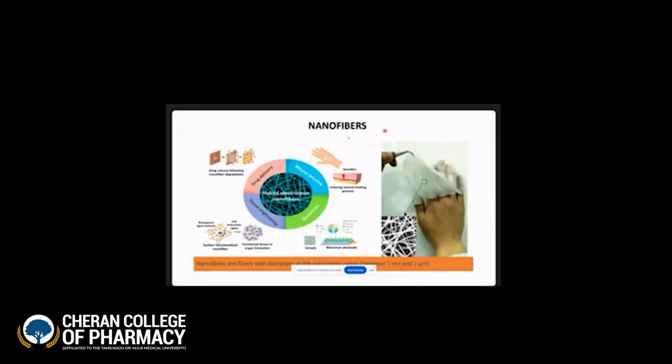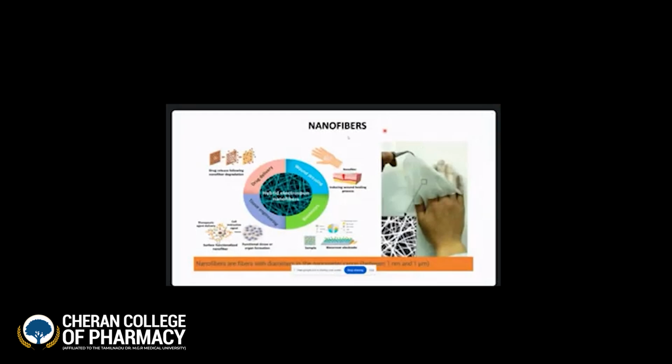As I said, by using electrospinning technology, we can treat acute wounds and also cure chronic wounds. Now you can see why I'm going with the electrospun nanofiber. By using this technology, you get a nanofiber that is similar to the extracellular matrix of the skin.